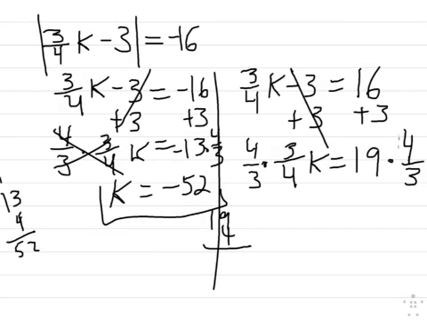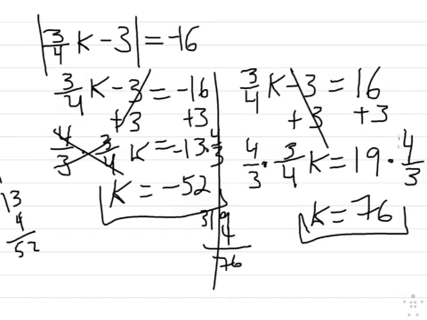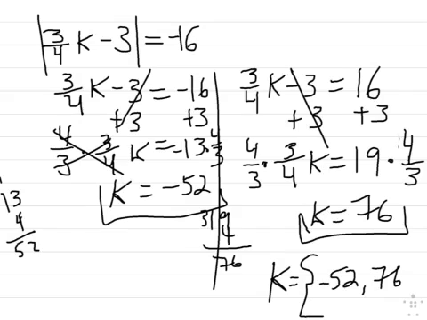This is my scratch work. 4 times 9 is 36. 4, 5, 6, 76. Positive 76 equals k. Bucket that. And then finally, my solution set. Ooh, that's an ugly bracket, but that's okay. -52, 76. Close bracket. Alright, and there you have it. There's a couple examples for solving equations with absolute values.